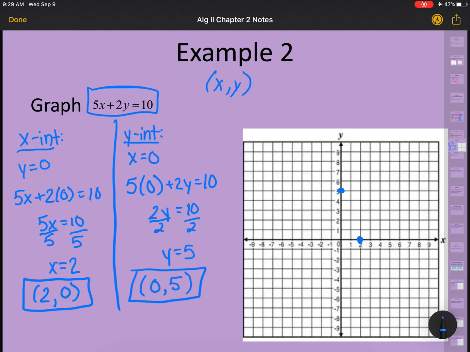Here is our line that we connect. This one was in standard form. We found the x-intercept and the y-intercept. If it is in standard form, most of the time you would want to find the x and y-intercepts instead of moving things around and making it look like slope-intercept form.